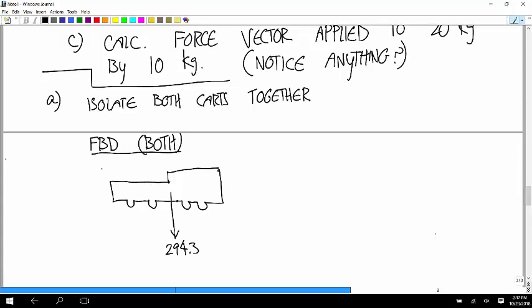And now that we've dealt with the weight, I'm used to going counterclockwise. It doesn't matter which way you go, but you need to mentally go all the way around the outline and think about where the outside world, the surroundings, are touching the object. The first place is over here, the force that's applied to the boundary. So first thing we have to do, because that's where I'm starting, is apply that 30 Newton force there. Okay.